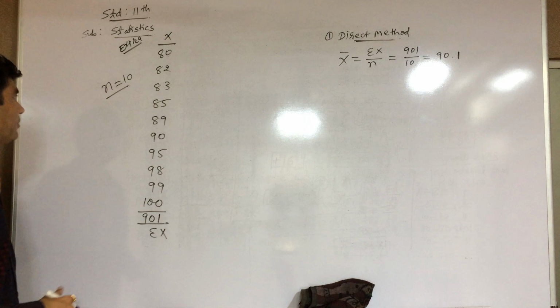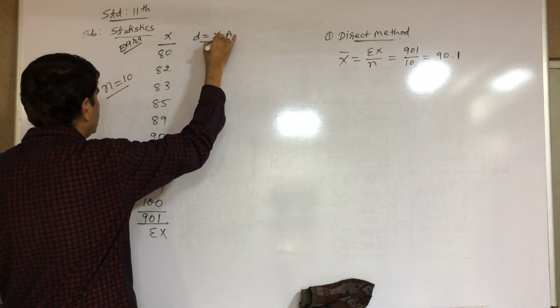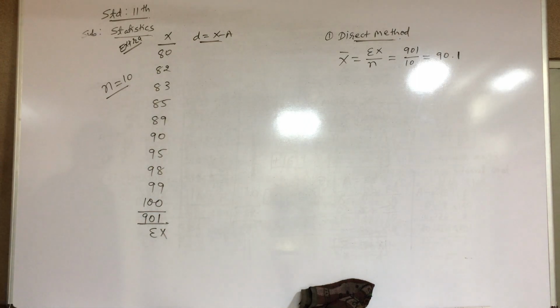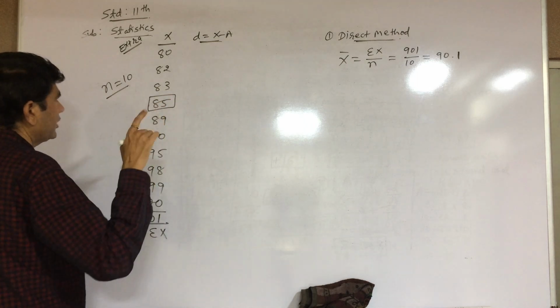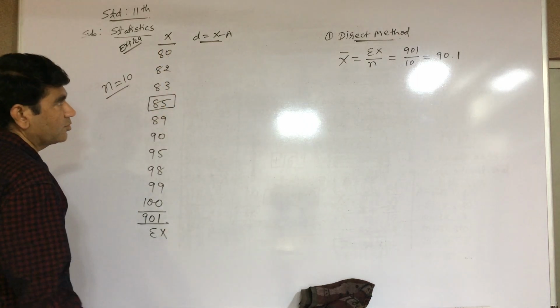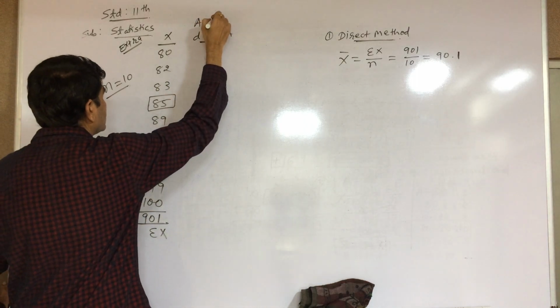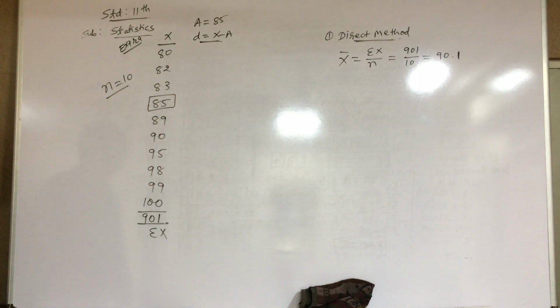Okay, now to apply shortcut method. D is equal to x minus a. Again I would like to explain with different values. So I would like to assume 85. You can assume 80. 80 is the smallest data. The answer will remain same. So A is equal to, I assume 85.